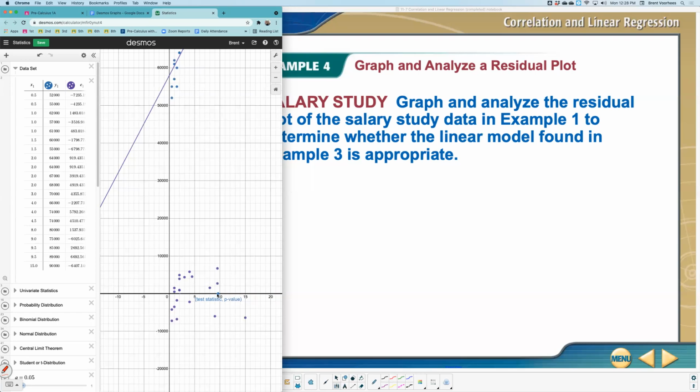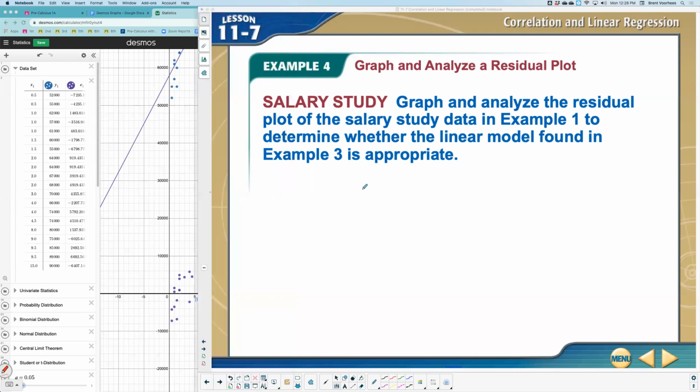And so what you would want, if it was perfectly accurate, is every single point would be on the x-axis here, but because they're scattered pretty evenly as you look at it, this represents that it's a very appropriate model.